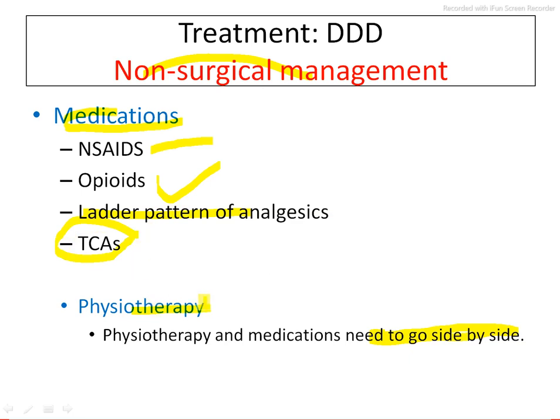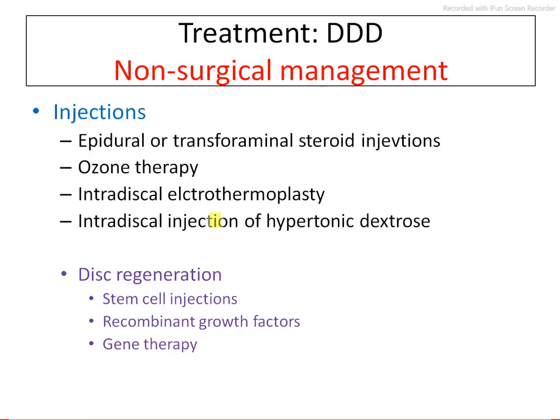Physiotherapy is especially back strengthening muscle exercises. Another modality is injection therapy, in which we provide steroid injections. As you have already been told, different prostaglandins are produced, which act as the chemical source of pain. So steroid injections are given.